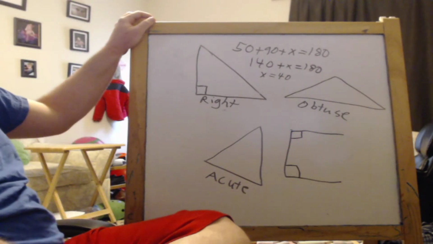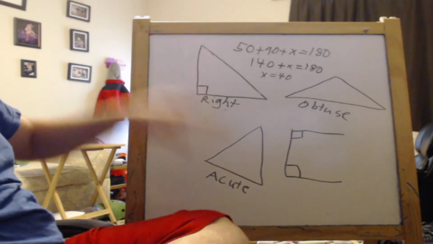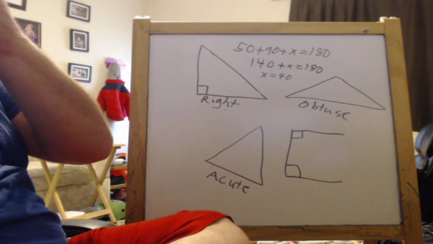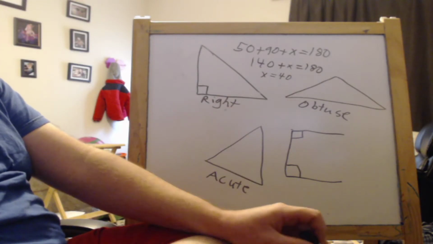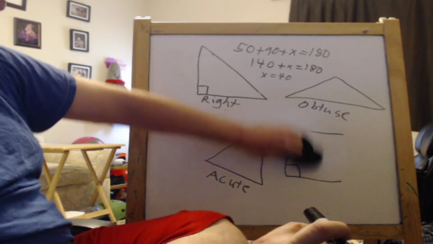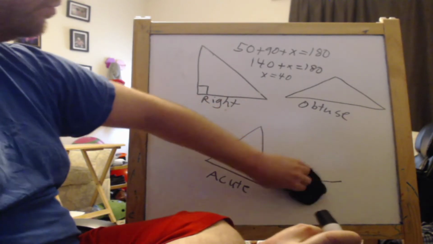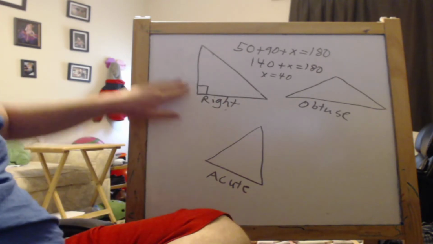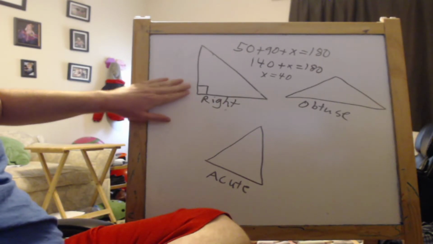It would basically just be some sort of quadrilateral with the missing side. Like a rectangle or square with a missing side. So a right triangle only has one right angle. And that is how you know that it is a right triangle.